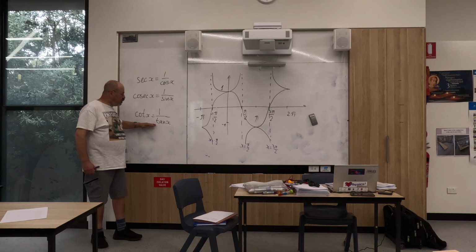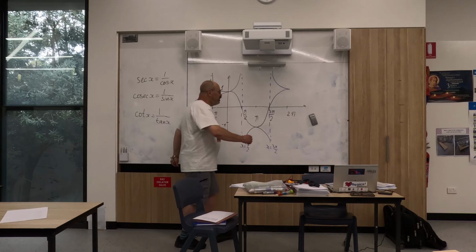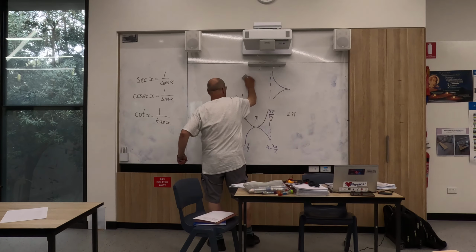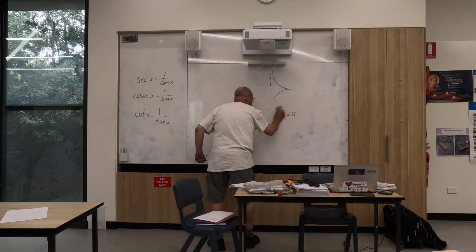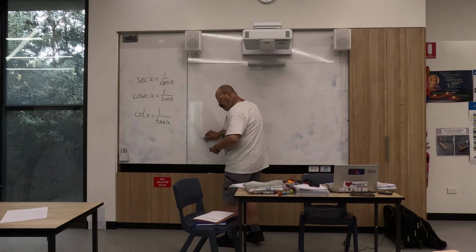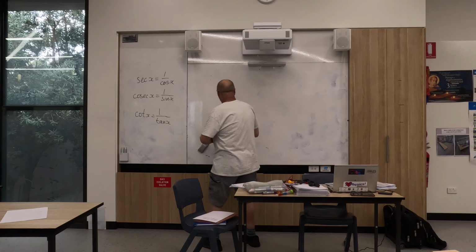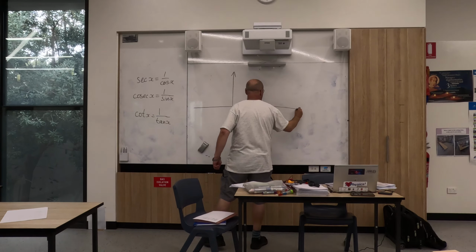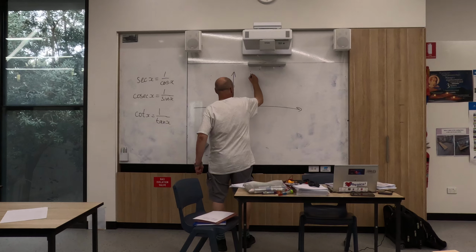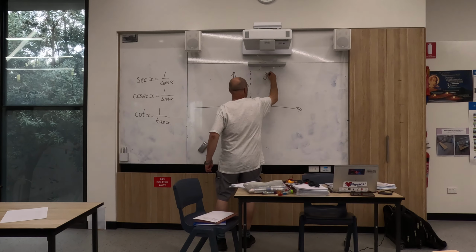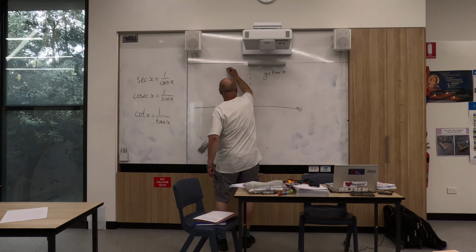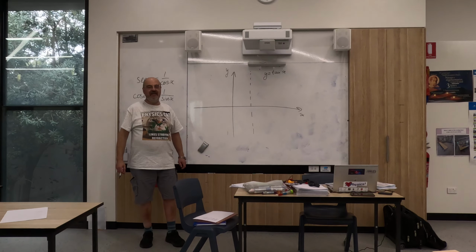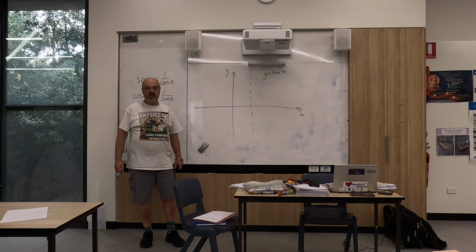Let's do cotangent x and then look into some examples. So tangent, y equals tan x. Where are the asymptotes of tan? For which values of x do we have vertical asymptotes for tan x?